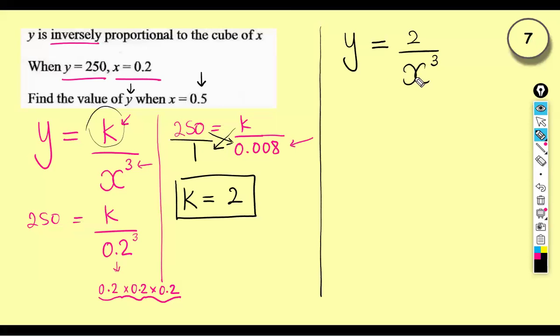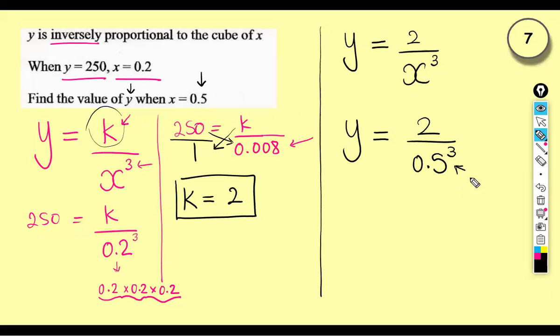Just go and replace x with 0.5. Don't forget to cube it and work out this, and you will get y. You should at least be able to do that piece, right? So try your best to send an answer. Right, let's replace it here. 2, replace x. Remember they said replace x with 0.5, so it's 0.5 cubed.